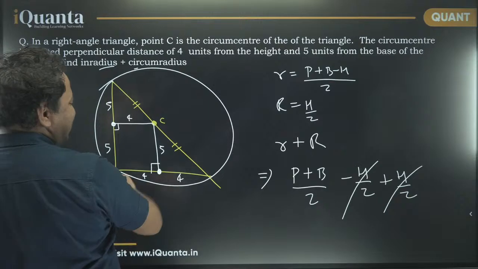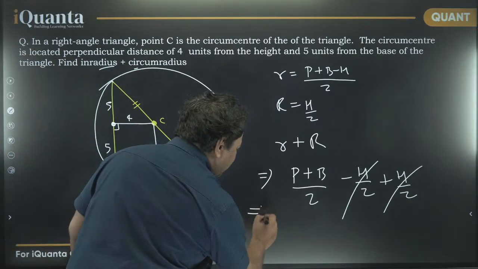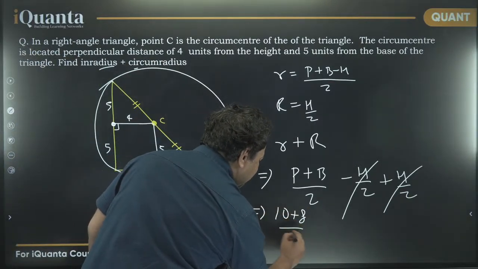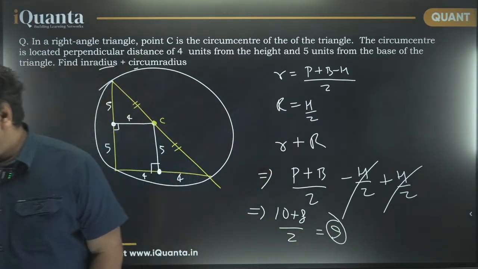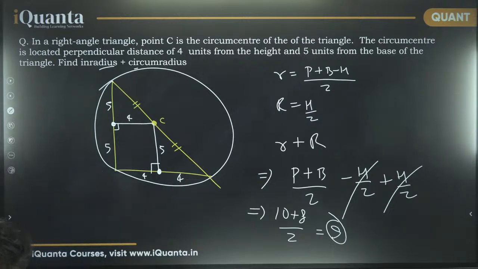Perpendicular is 10, base is 10. So 10 plus 8 upon 2, the answer is 9. It's finished. Very good, Aditya.